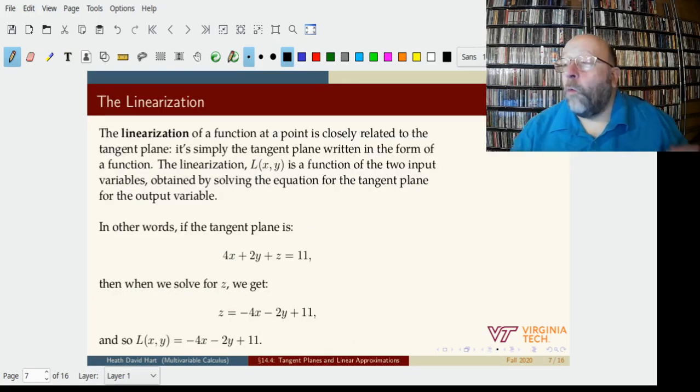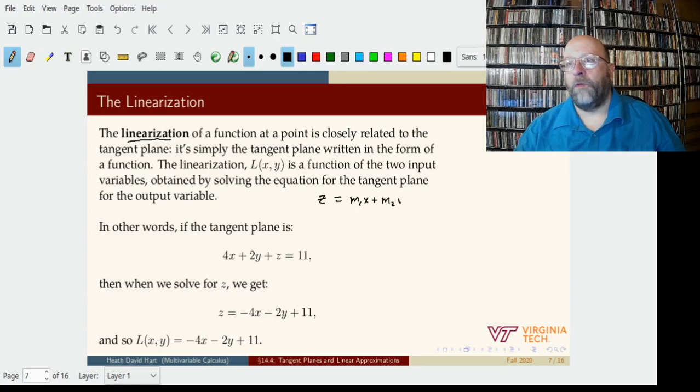So we're done with the big, hard topic for the day. How do we find a tangent plane? The other topics we want to talk about are just different ways of putting the tangent plane to use. The linearization of a function is the tangent plane, but it's written in the form of a function. That is, instead of z equals some slope times x plus some slope times y plus b, that's the tangent plane.